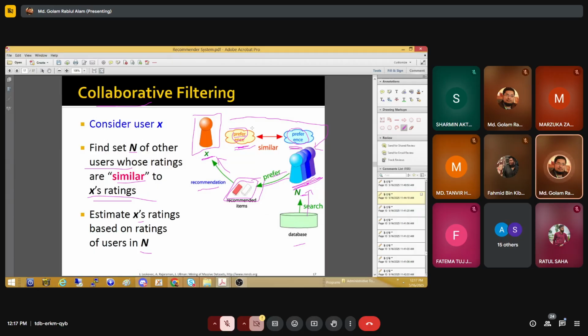Based on your preference, we find the similar minded people, whose ratings on this item are the same kind of rating. Based on that liking, we assume you also like those items, so we recommend them to you. That is called collaborative filtering.